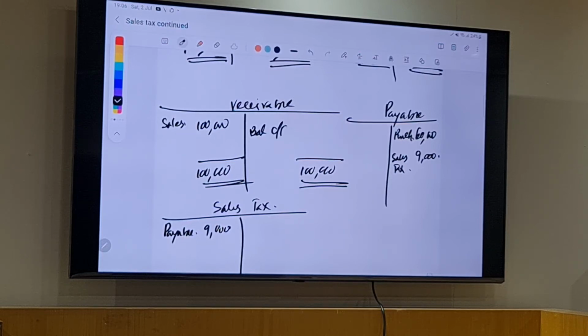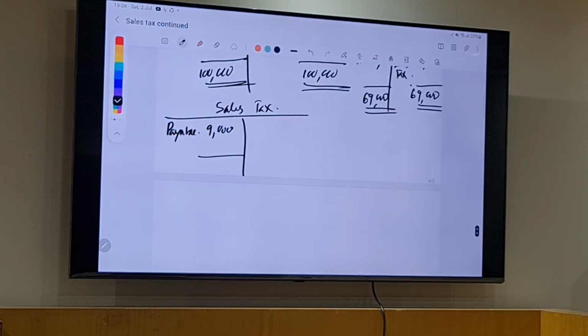Balance, very important. 69,000. Balance 69,000. And then this one, you need to collect this money from whom?